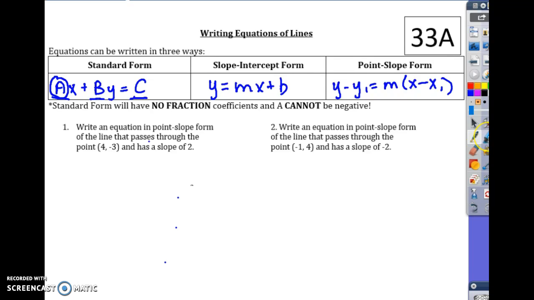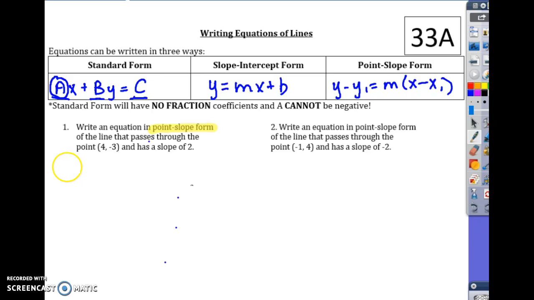All right, but before we do that, let's go back and review a little bit. It says write an equation in point-slope form. Let's highlight that because a lot of you guys aren't doing that. We want one that passes through the point (4, -3) and has a slope of 2.